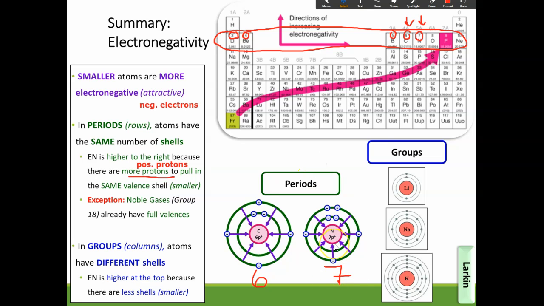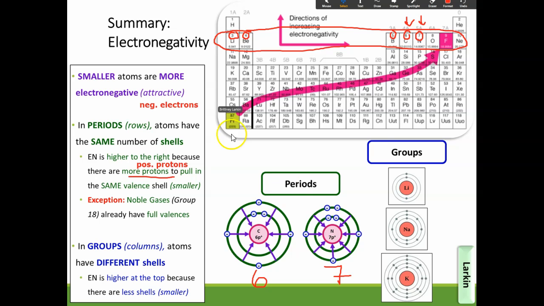As we move to the right in a row, nitrogen has more protons, it has 7, and so it is more attractive to electrons than carbon. It's going to pull in all of its electrons because it's more attractive, it's got more protons, more positives. It's going to pull in those shells and be really good at attracting electrons. So it'll both get smaller and be easier to reach new electrons, as well as have more protons to attract electrons.